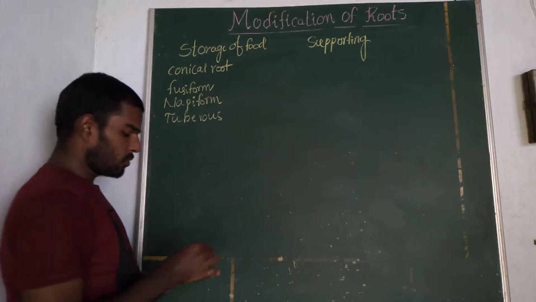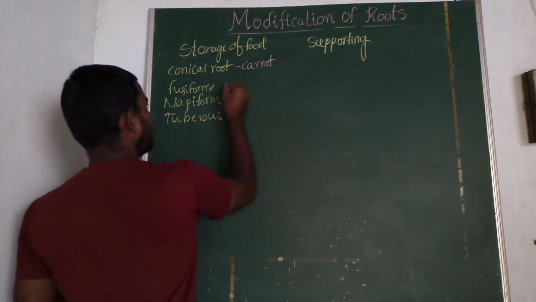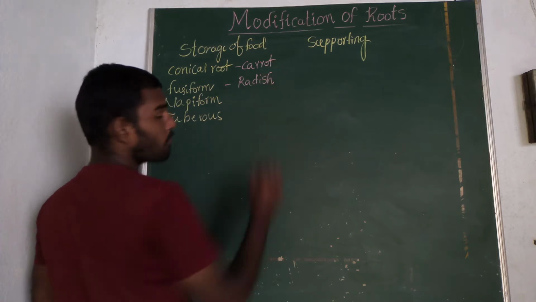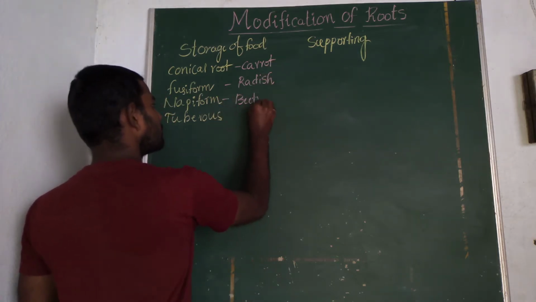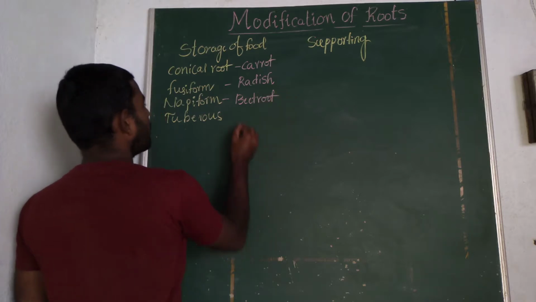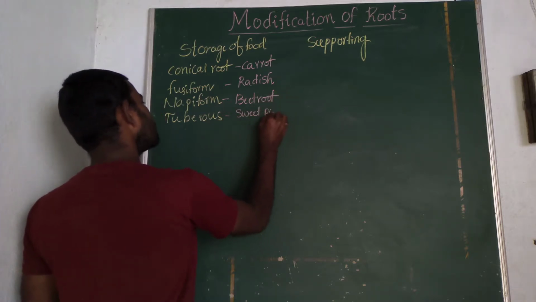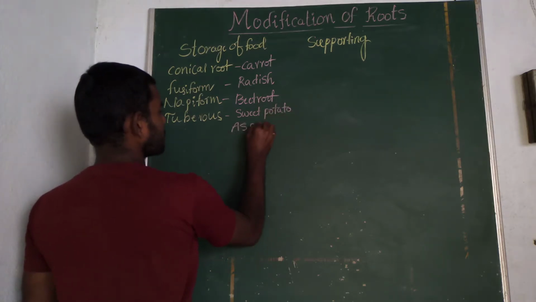Conical root example is carrot; napiform, radish; fusiform, radish; and napiform, beetroot; and tuberous root, sweet potato, asparagus.